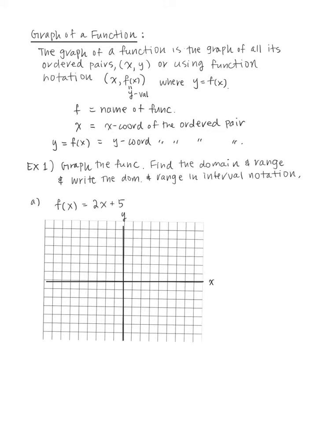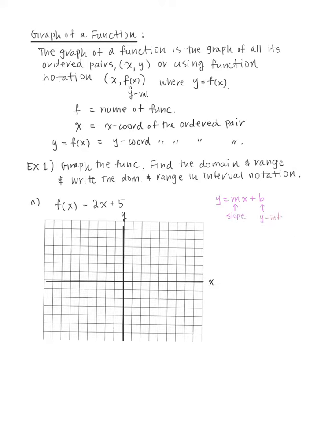Let's do some examples. Example 1, graph the function, find the domain and range, and write the domain and range in interval notation. So part A, f of x equals 2x plus 5. So let's recall that if you have y equals mx plus b, this is going to be a straight line where m is the slope and b is your y-intercept.